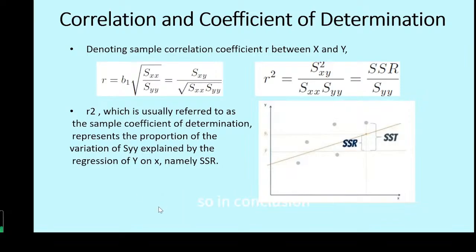So in conclusion, in linear regression, the correlation coefficient between x and y is the square root of the coefficient of determination.